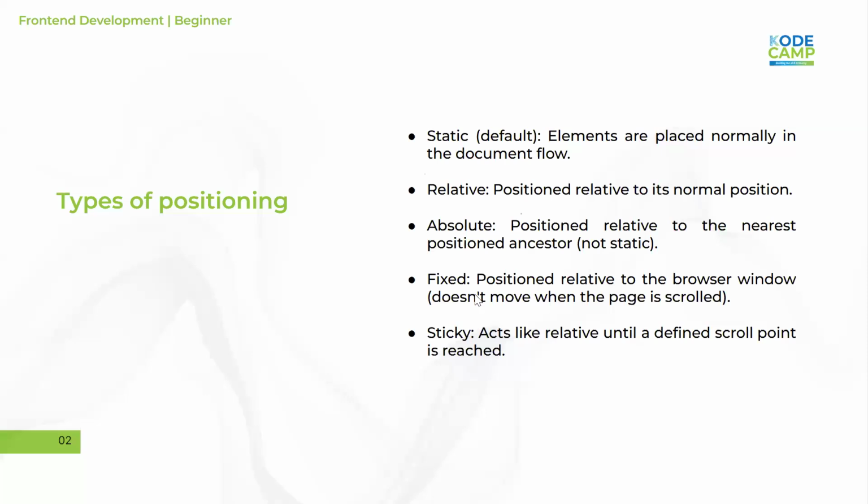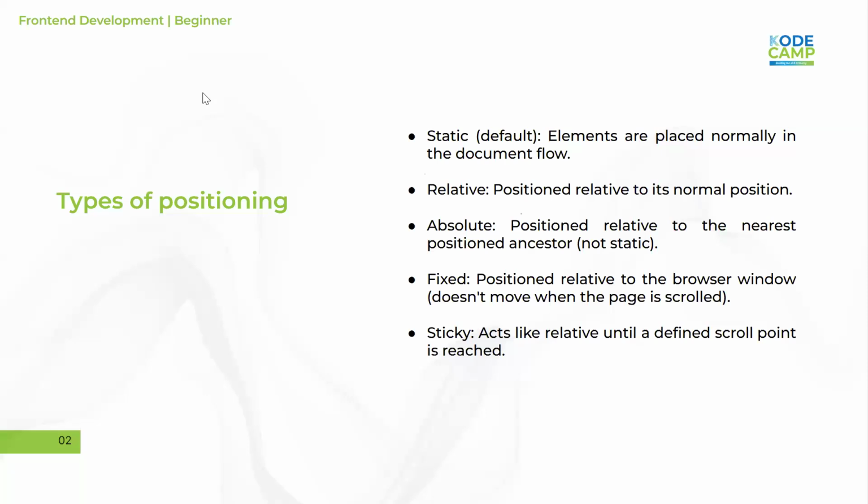So what are the various types of positioning we have in CSS? One is static, which is the normal default way it looks on your web page. We have relative, which is positioned relative to the normal positioning.